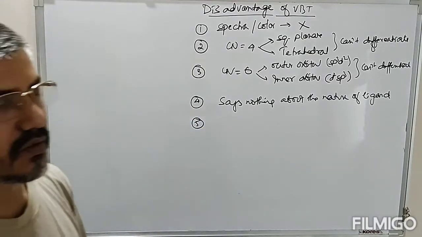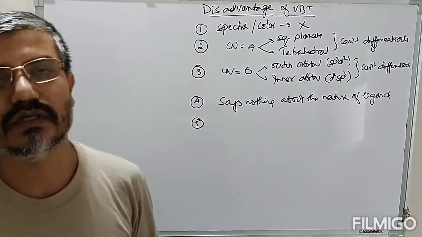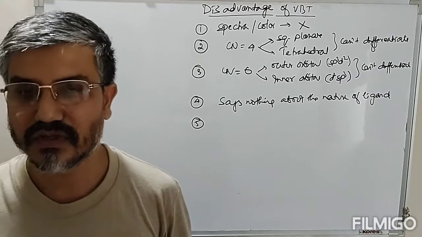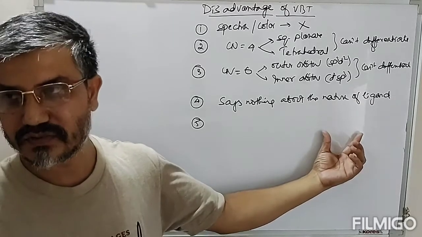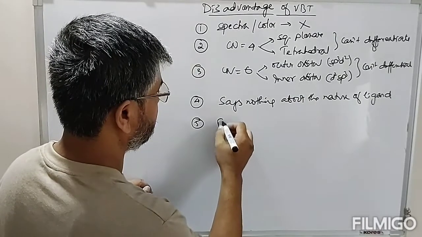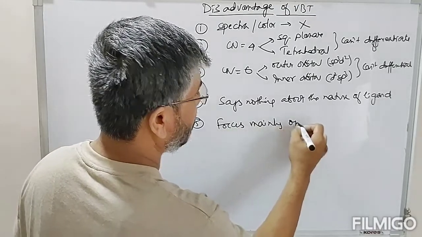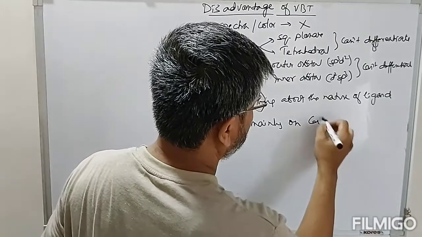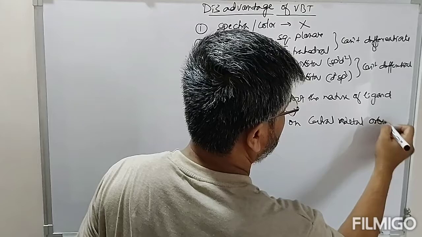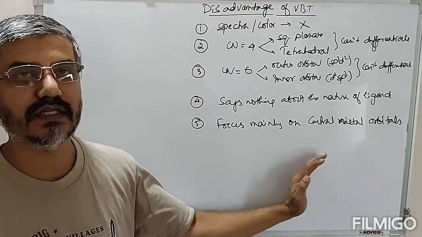Number 5. Now look at this. Valence bond theory focuses mainly on the central atom, without any consideration of the ligand atoms. It focuses mainly on the central metal orbitals, without any consideration of the orbitals of the ligand.